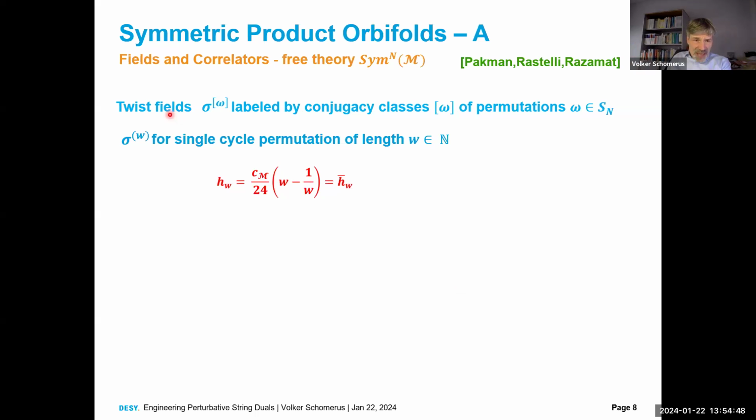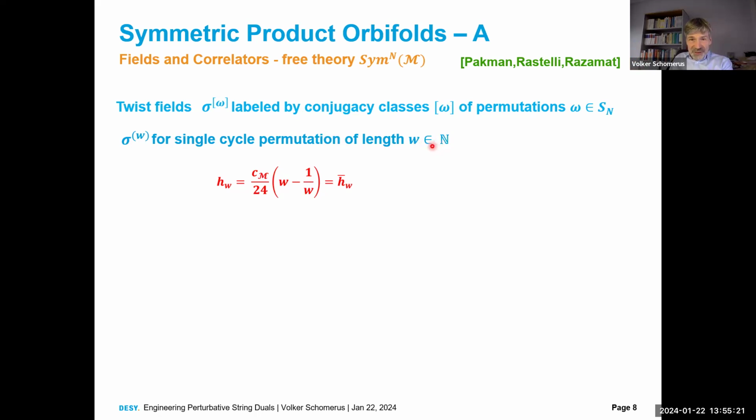And in this theory, as in any orbifold CFT in 2D, you have twist fields. These twist fields are labeled by conjugacy classes in the orbifold group, that is, by permutations. For us, of particular importance will be the twist operators associated with single cycle permutations of some length W. For a single cycle, you just have to give the length of the cycle, so that's just an integer.